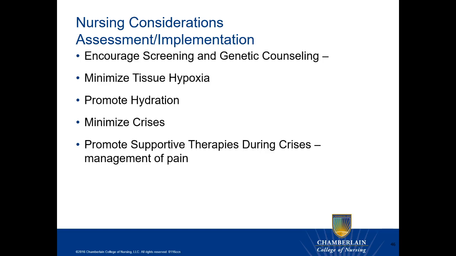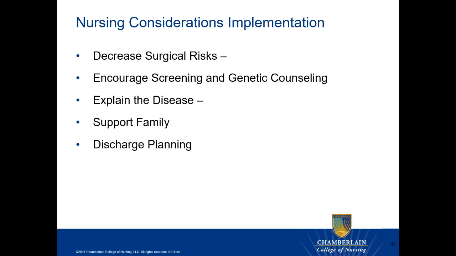Minimize crisis, anything that would lead to impacting any of those things. And then everything during crisis is supportive. Manage the pain, keep them hydrated. All of those things we talked about. We can decrease surgical risk by giving prophylactic penicillin to an adult. We may encourage the screening. Lots of education about the disease. I have families with lots of children, and the moms will come and say, we have 4 kids with sickle cell.